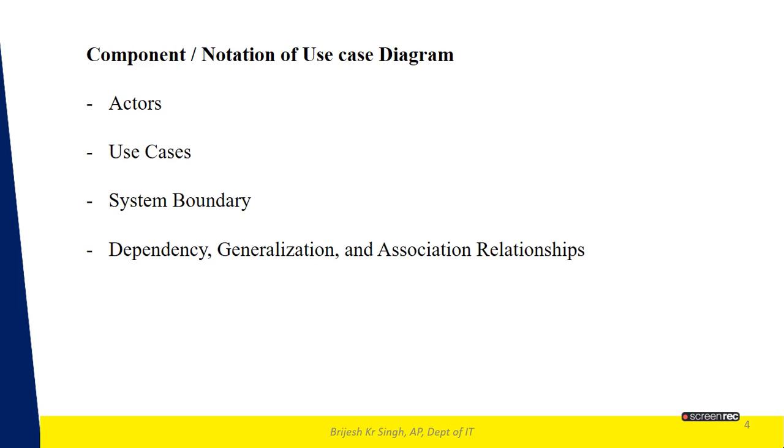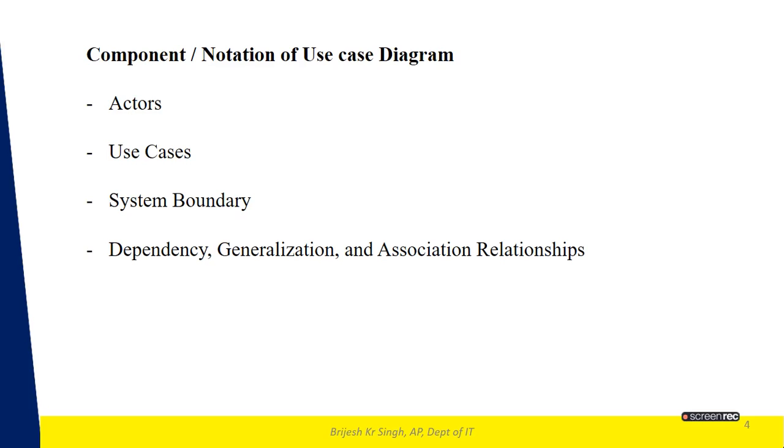Another point: what is an actor? An actor is a user playing a role with respect to the system, and you can say that an actor is a person, external system or organization that plays a role in one or more interactions with your system.